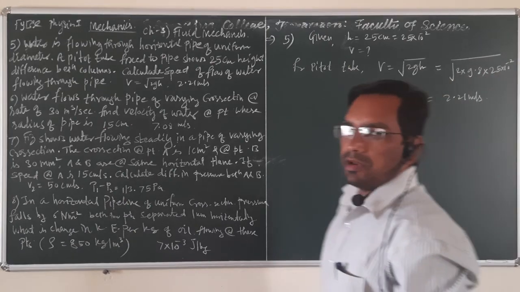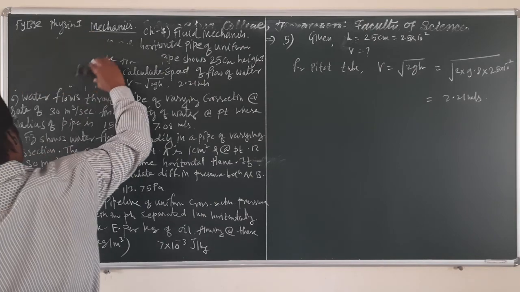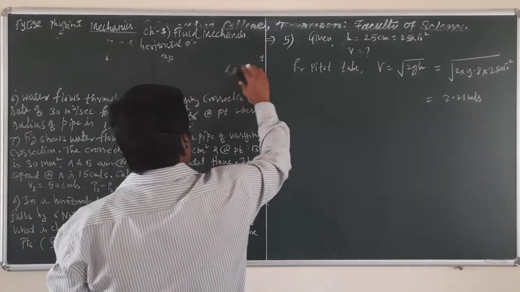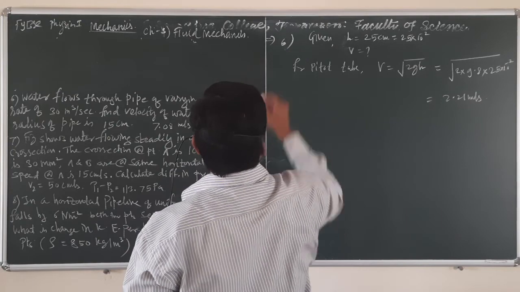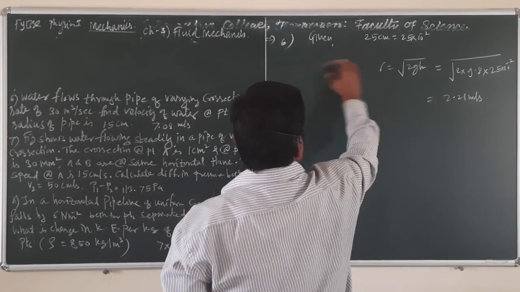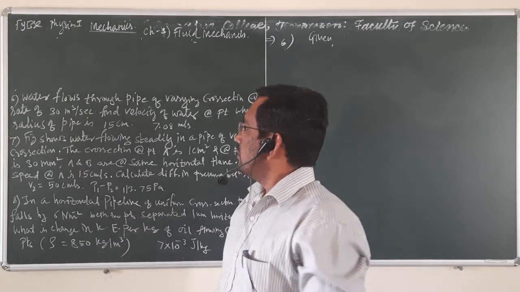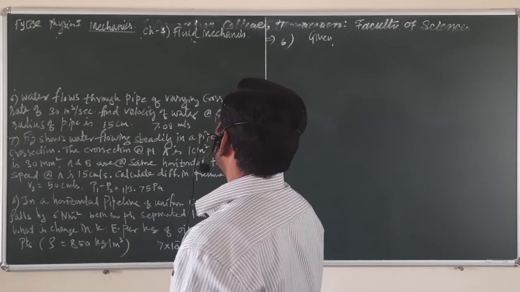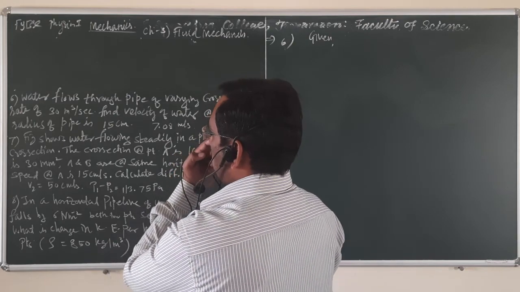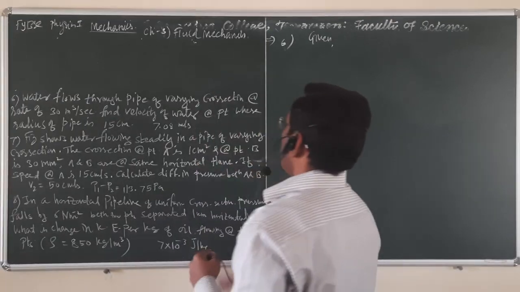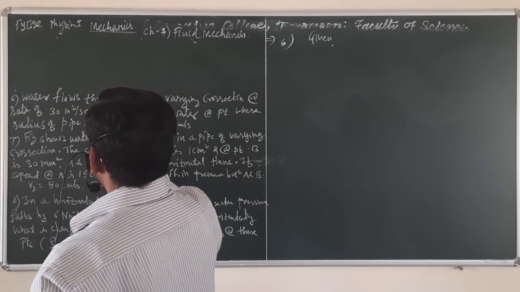Now we are solving problem number 6. The statement of the question is, water flows through a pipe of varying cross section at the rate of 30 meter cube per second. Find the velocity of water at the point where the radius of the pipe is 15 centimeter.